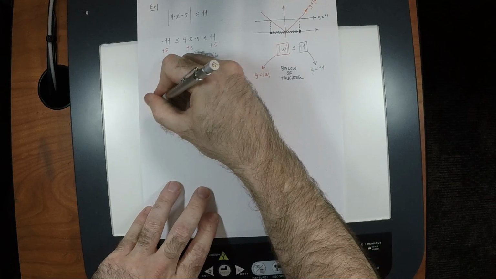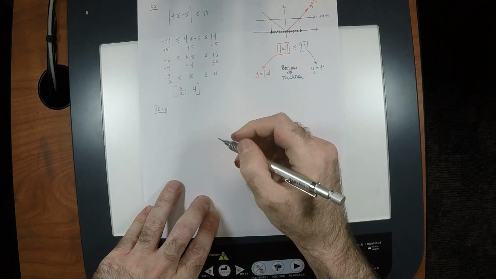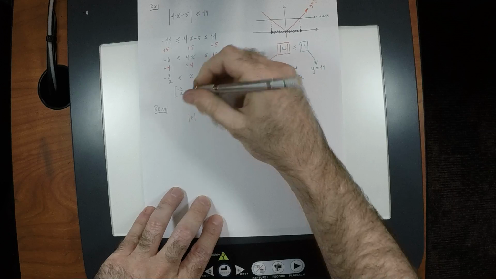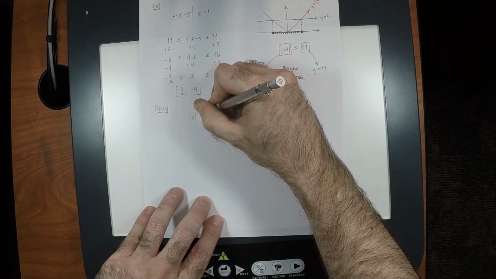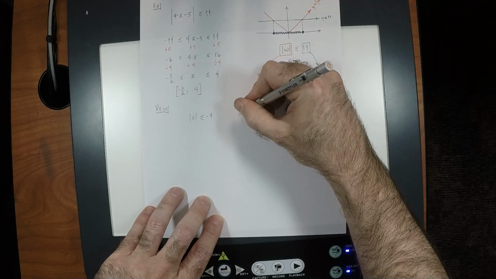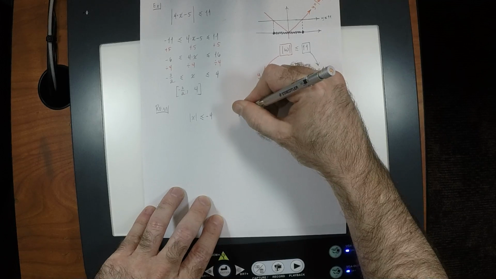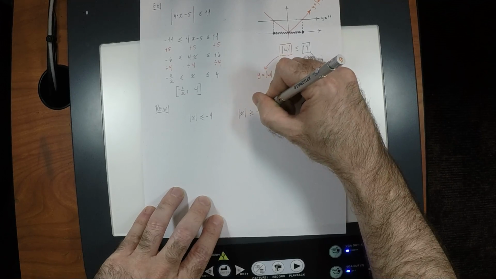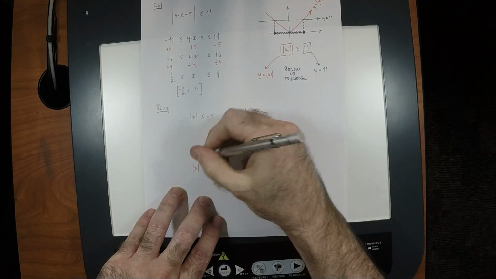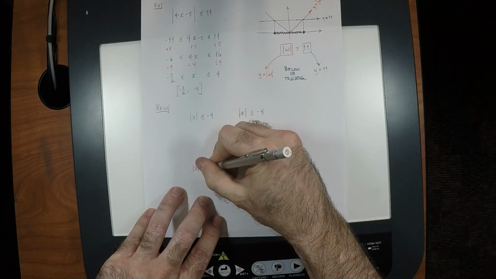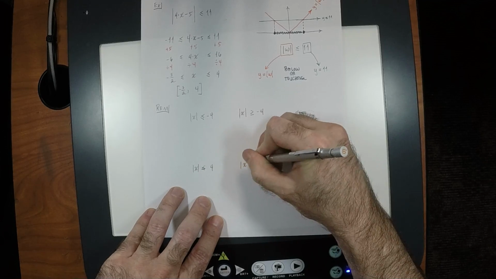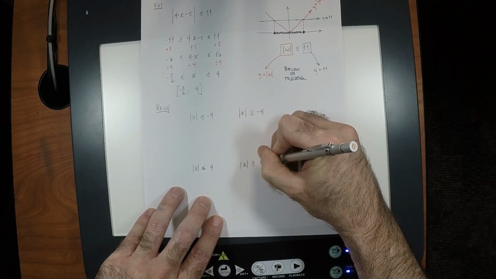So finally, I want you to consider the possibilities. I'm not going to fill out this table. I want you to fill it out yourself. So what if we consider the absolute value of x is less or equal -4, the absolute value of x is greater than or equal to -4, the absolute value of x is less or equal to +4, and the absolute value of x is greater or equal to +4.